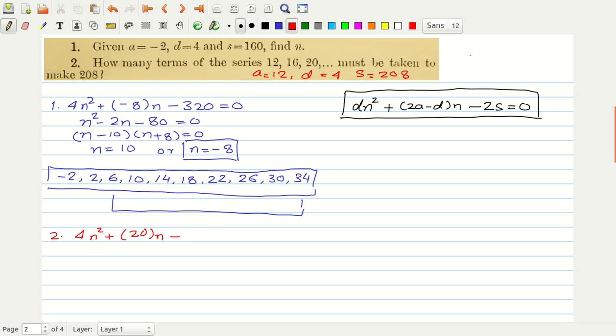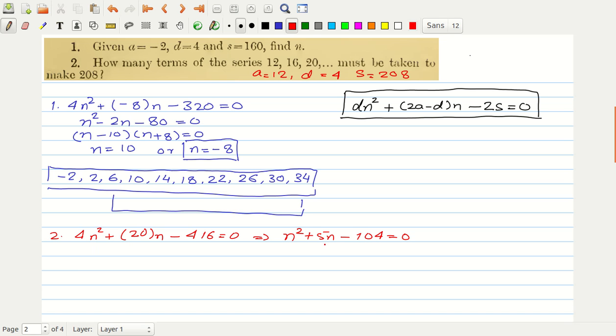So this is 416. This is equal to 0. If you divide this equation by 4, you get n square plus 5n minus 104 is equal to 0.